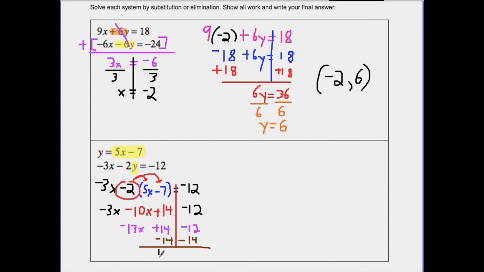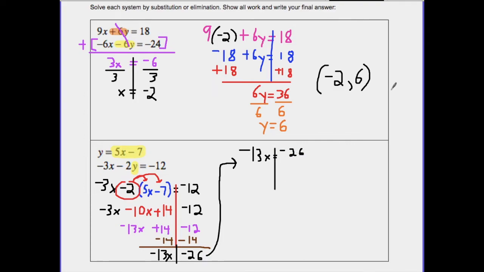And then we're going to get 13x, or -13x. See, we got to be careful there. Equals -26. I'm actually going to rewrite this over here because it looks like we're running out of room here. Perfectly fine to do. I'm just going to rewrite it as it was. 13x equals -26.